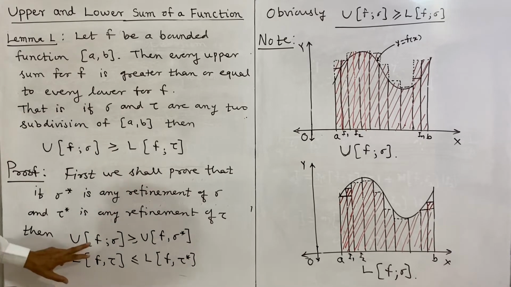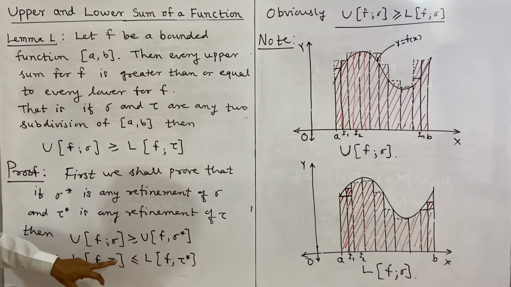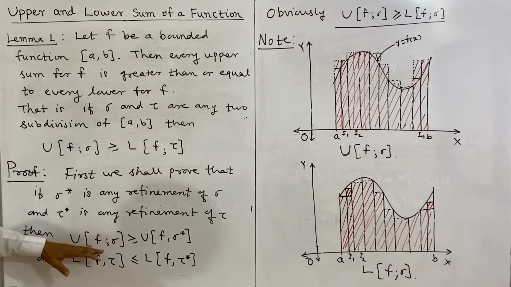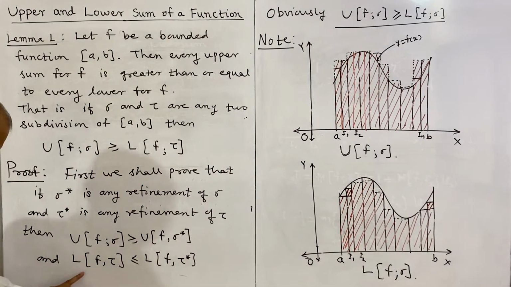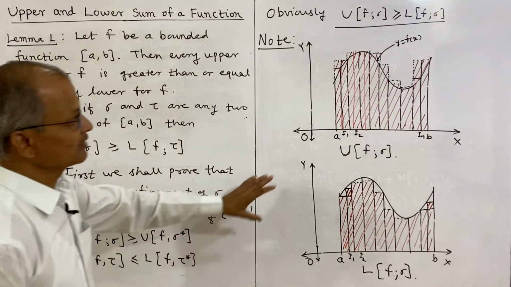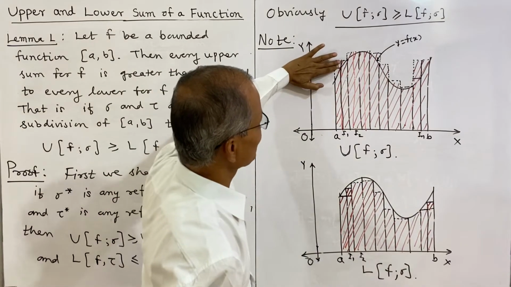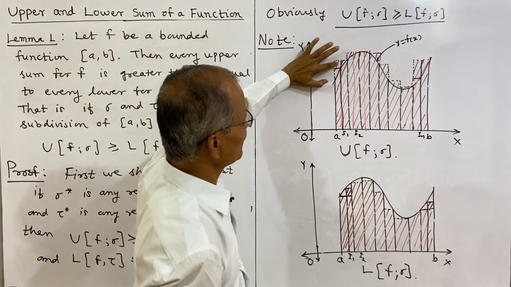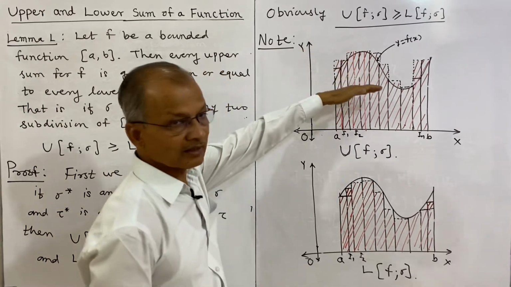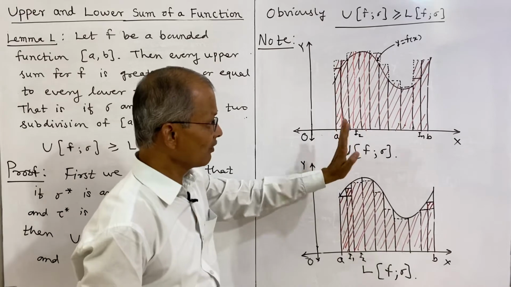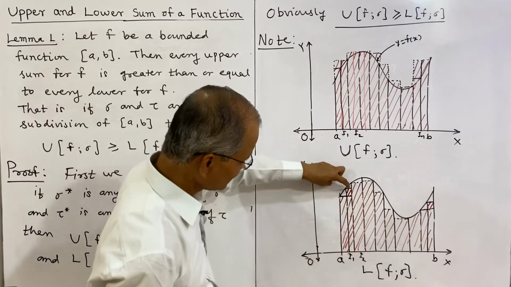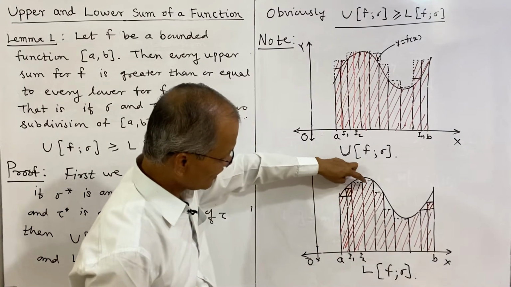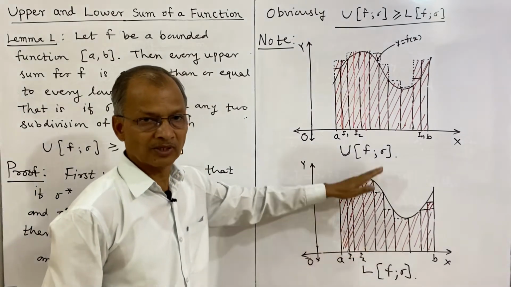See what we have written. That is, if you consider a refinement, the upper sum decreases. So the upper sum is greater than this one. In the refinement the upper sum decreases, and in the refinement the lower sum increases, as we have seen here, because this part of the rectangle will be deleted, and the upper sum will reduce in refinement. If you add more subdivisions, the upper sum decreases, and this part will be added, this part is added, that means the lower sum increases.